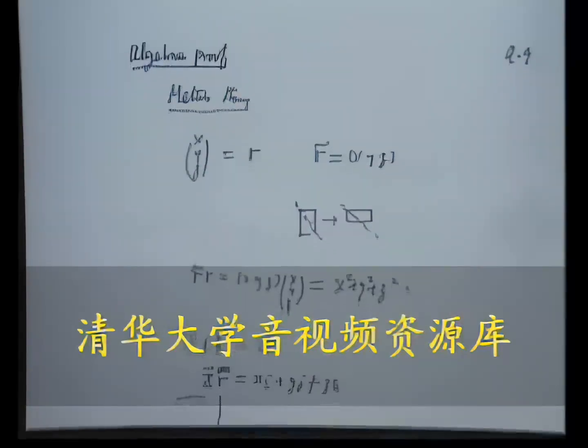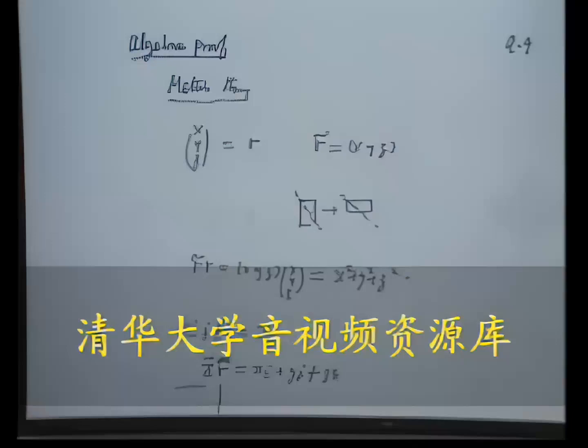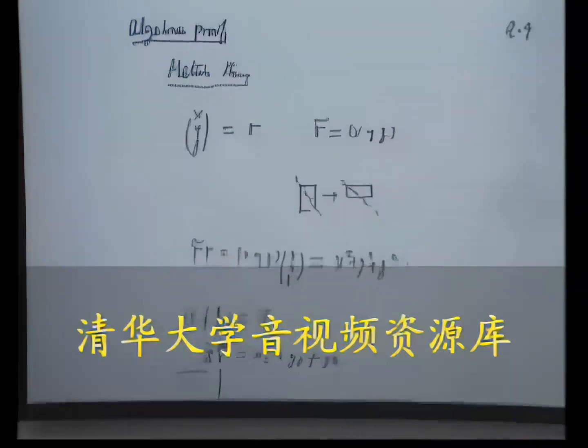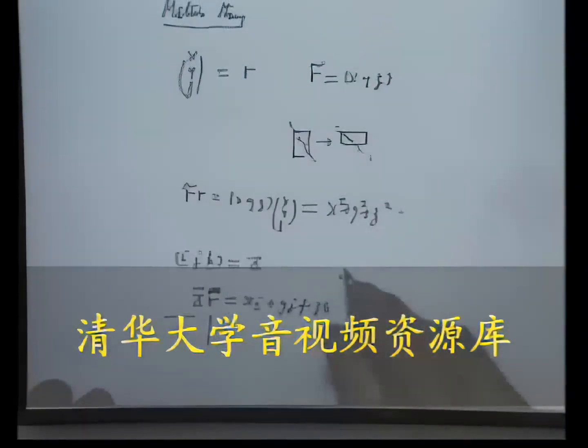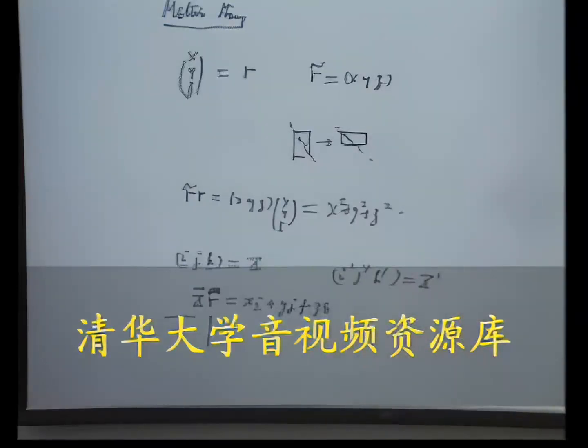Now let us consider a rotated coordinate system. Call that x prime. So I've originally ijk. I've rotated the coordinate system.